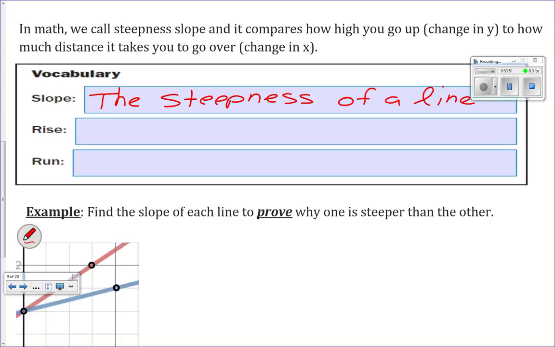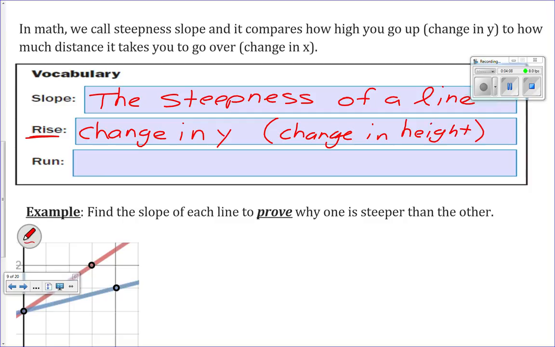The rise is the change in y. We can write that as the change in height. How far do I go up or down? The run is the change in x, or the change in distance. How far do we go?